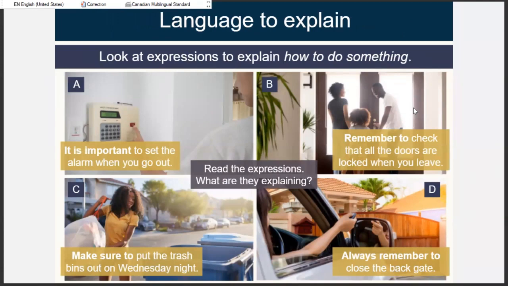Always remember to close the back gates. It's important to. These are the expressions that you can use to explain something. And as I said, you can use the sequence type of words: firstly, secondly, remember, make sure.